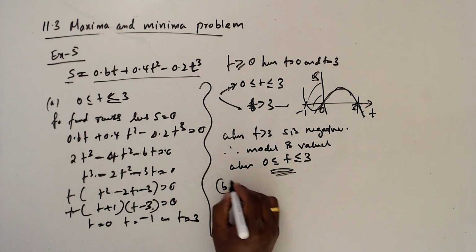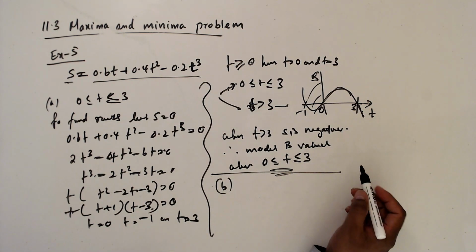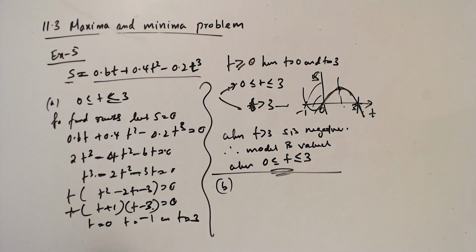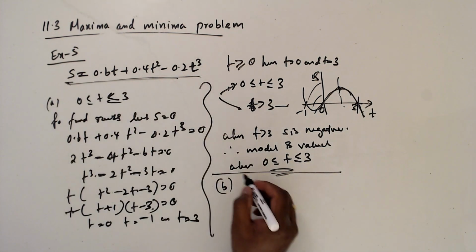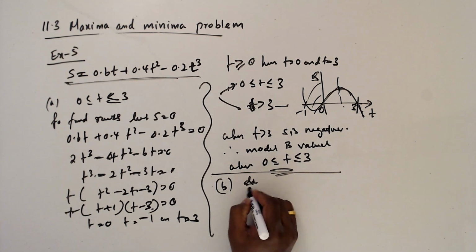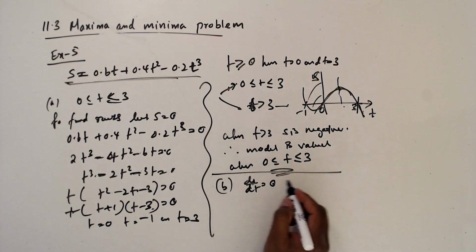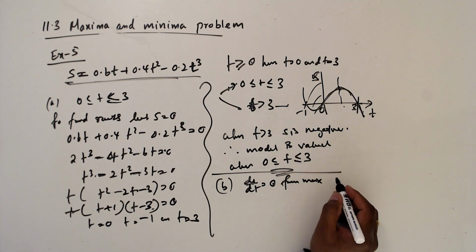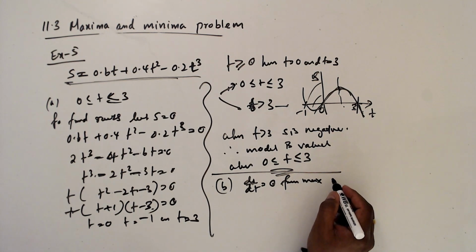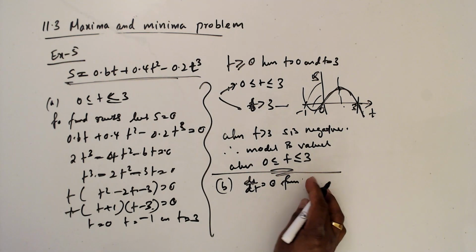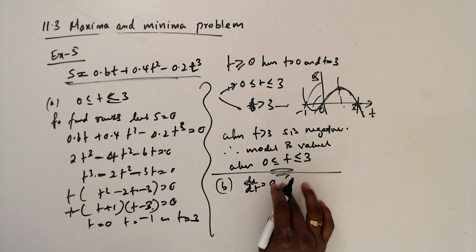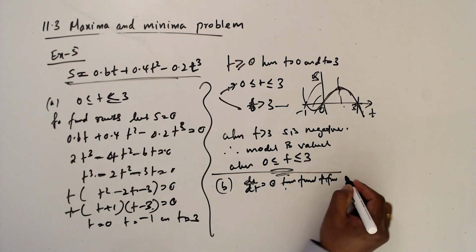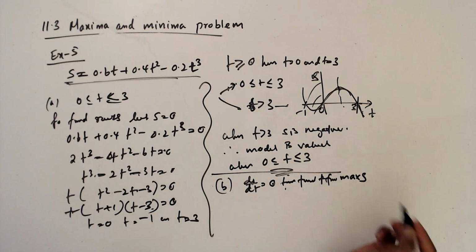Part B is we need to find the maximum distance. When you look at this curve, we can see that this is going to be the max. So as usual, we will find ds over dt and make it equal to 0 to find t for the maximum s.